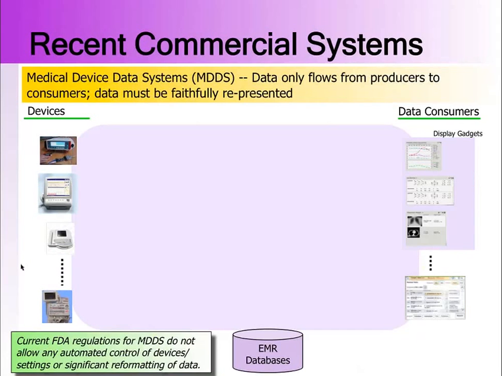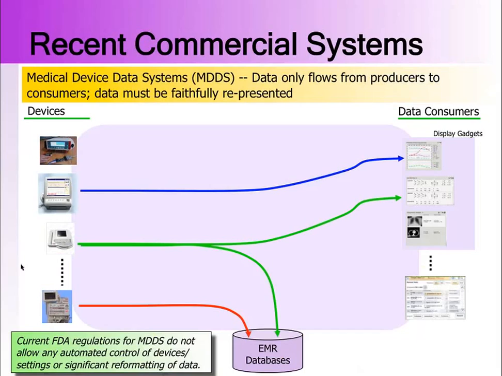So, well, what's the baseline for all of this? Well, if you're familiar with FDA and medical system regulations, integrated systems these days really start off in terms of what are called medical device data systems. So these are integrated systems where you have devices and they may be streaming their data, but the data streaming is one way to heads-up displays that you might see in a clinician's workstation in a hospital room, or to the electronic health record.